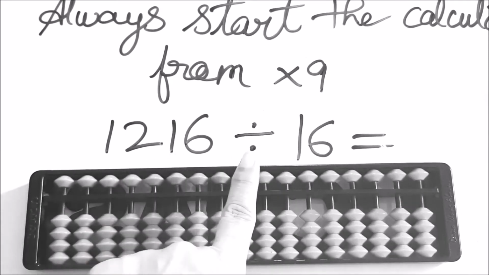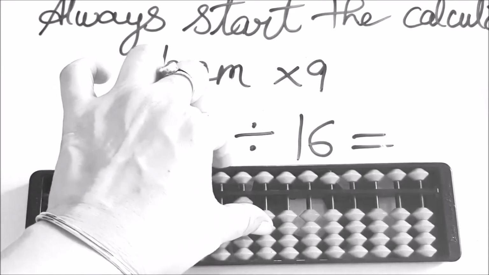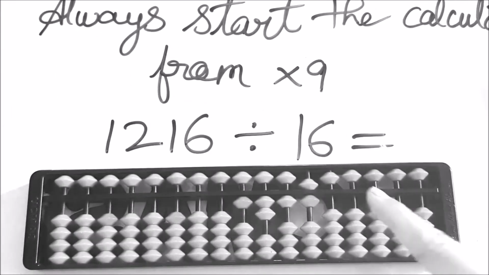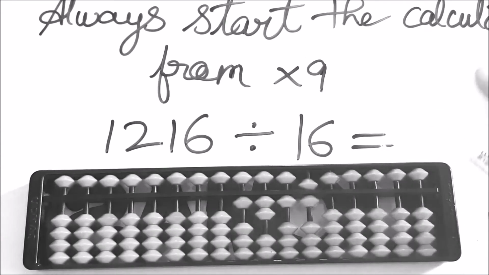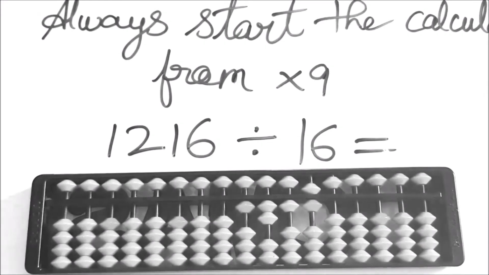So we'll do this sum 1216 divided by 16. So 4 minus 3 is 1. So we place the dividend from the 1 number rod, which is the units place: 1, 2, 1, 6. Now divided by 16, we have seen the two rules. So we take 16 into 9 directly, which comes to 144.